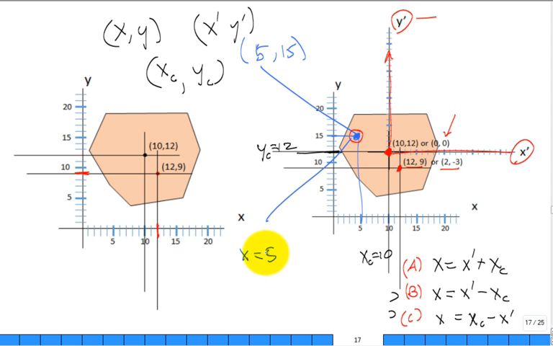Was it not? What is xc for this problem? 10. All right. What is x prime for that blue point? -5, right?